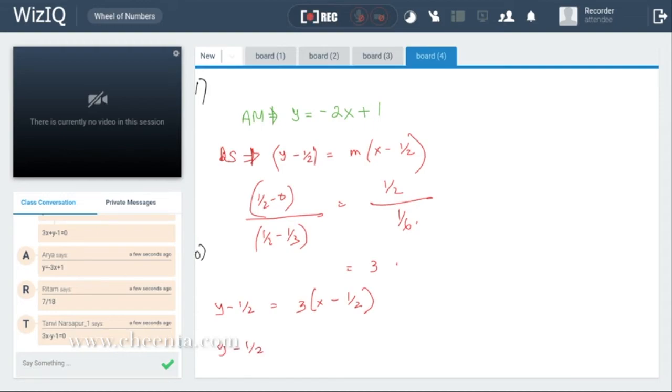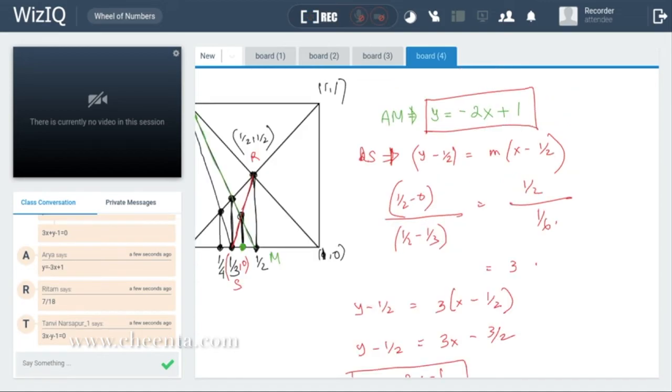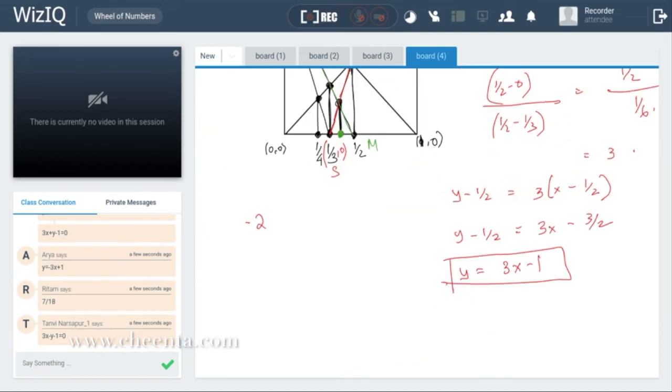So you get y minus half equal to 3x minus 3/2. So y equal to 3x minus 1. So the equation y equal to 3x minus 1 and y equal to this. Let's equate them. Negative 2x plus 1 equal to 3x minus 1. So 2 equals 5x. X is 2 by 5. Simple enough.